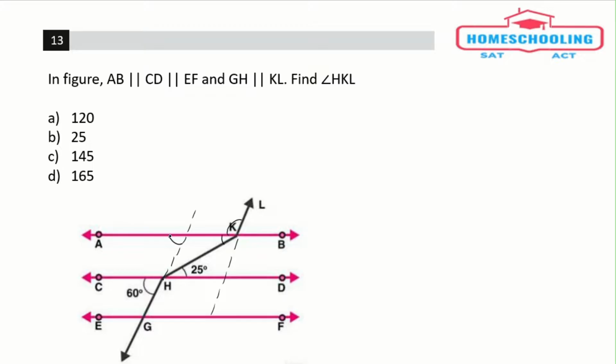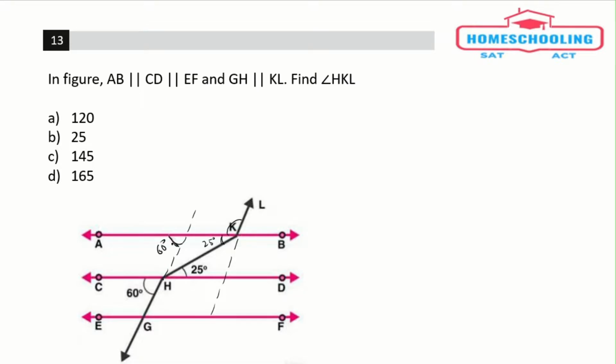So if this angle is 60 degrees, then this angle would also be 60 degrees. And this angle and this angle are alternate interior angles. So if this one is 25 degrees, this is also going to be 25 degrees.